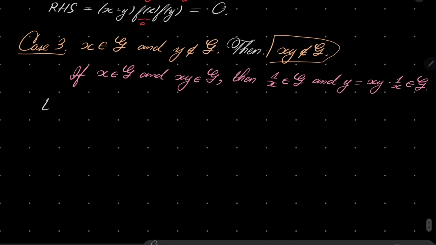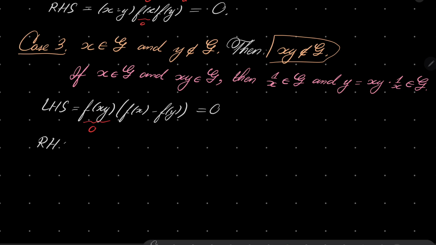And now let's consider the left-hand side. On the left-hand side we have f of xy, f of x minus f of y. We know that this is 0, so the entire left-hand side is 0. And the right-hand side, x minus y, f of x, f of y. Well, since f of y is 0, this is 0, so once again, it's 0.